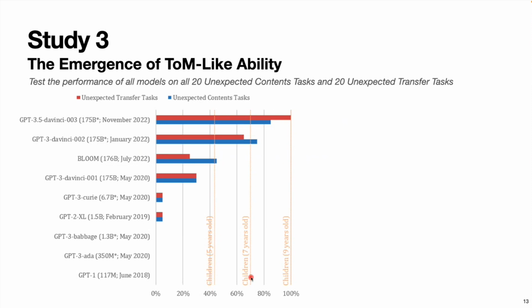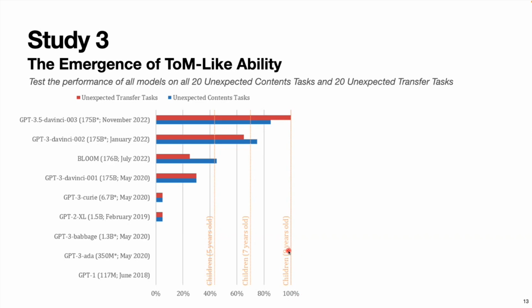Here you can see these three vertical lines are pretty interesting because these are the capabilities of a child. To get to 40% correct answers to these questions, you need to be around 5 years old. To get to something close to 70%, you must be 7 years old, and you have a full capability of theory of mind when you are 9 years old.